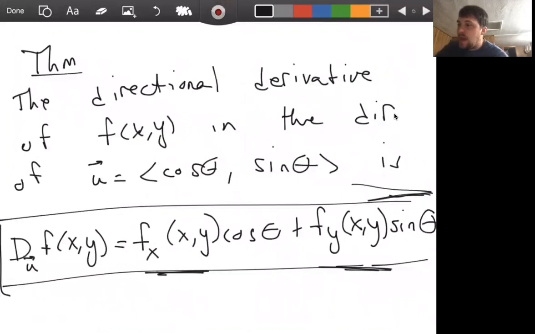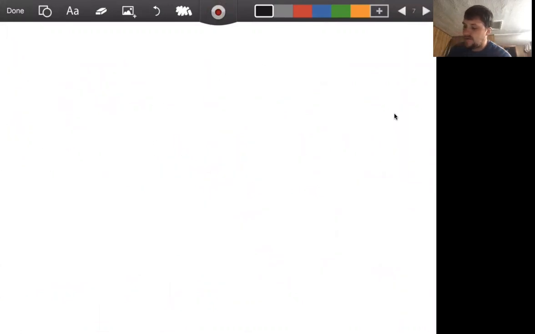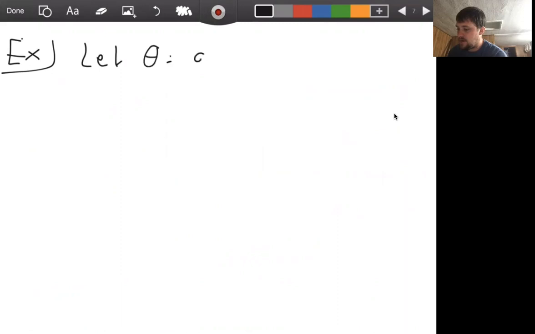So I think now would be as good a time as any to see an example of calculating a directional derivative. So let's let theta be arc cosine of 3/5.